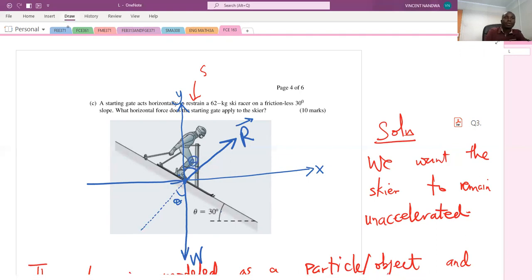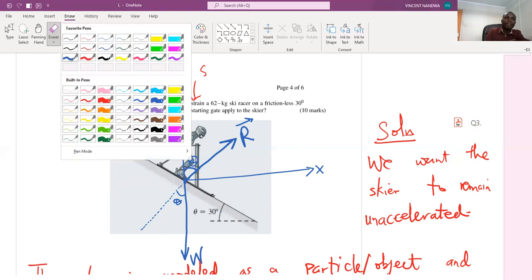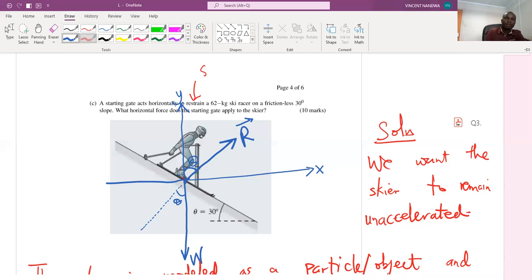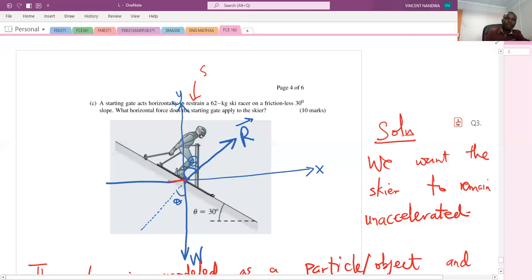So with that choice of axis, this is how we'll represent the restraining force.